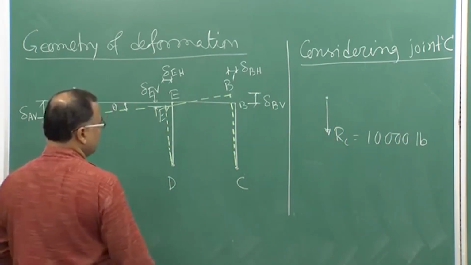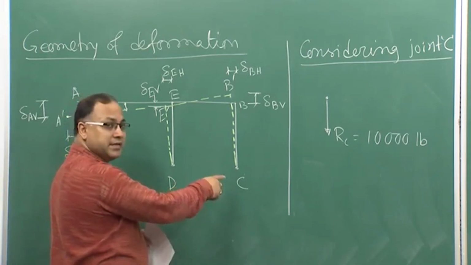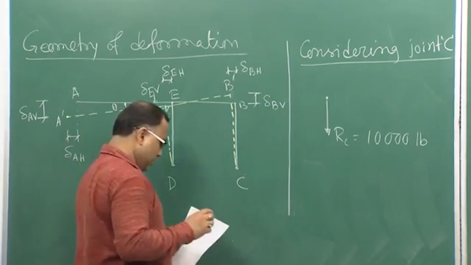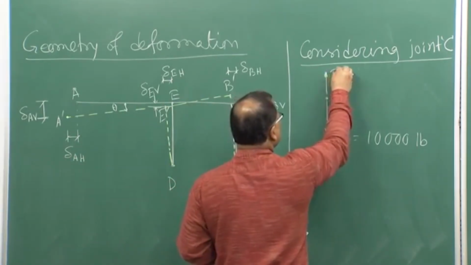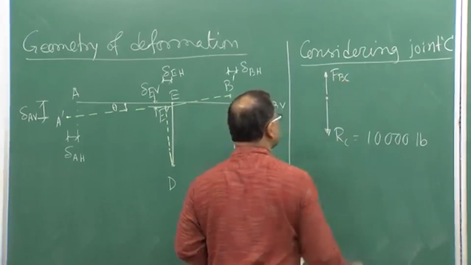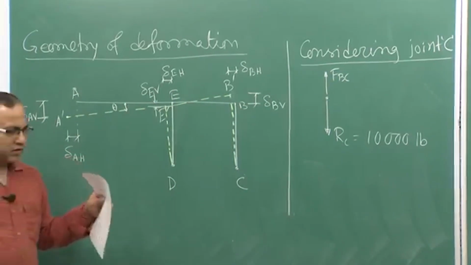The member force in BC is also acting, and I am showing FBC coming away from the joint, so we are considering tension.